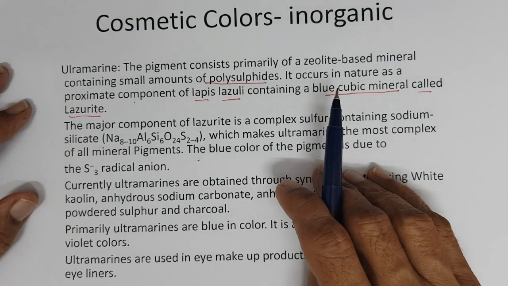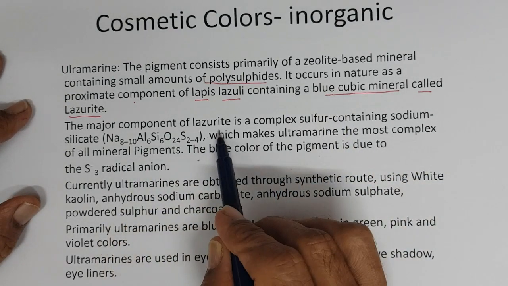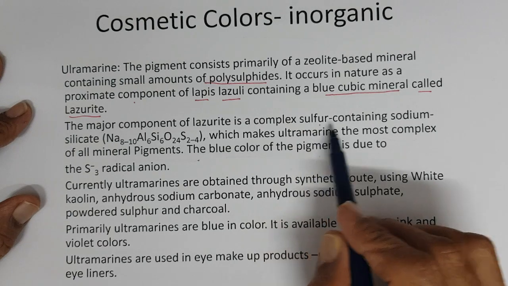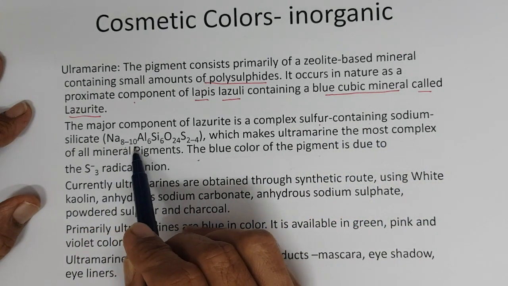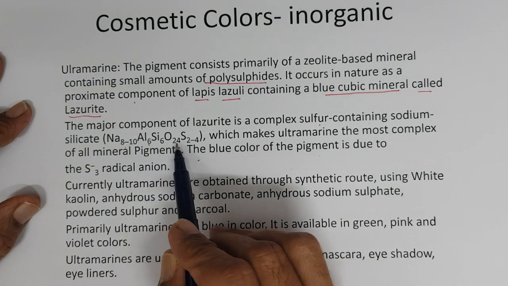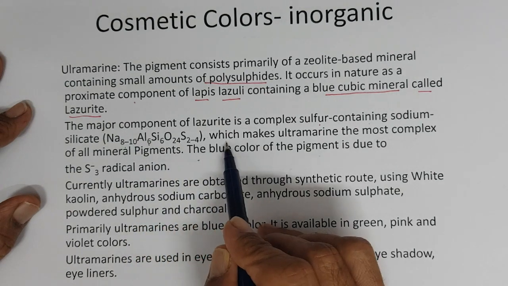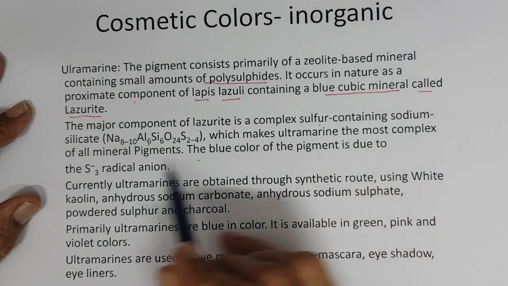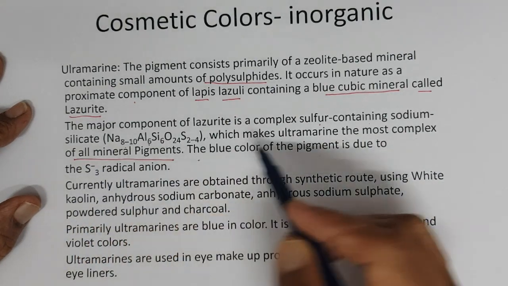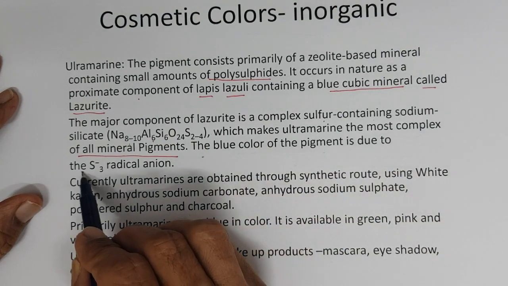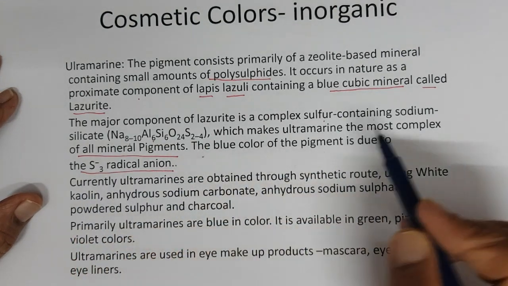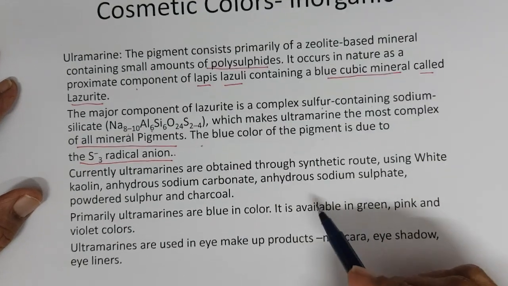Ultramarines are synthesized now. Okay. The major component of lazurite is a complex sulfur containing sodium silicate, Na 8 to 10 Al6 Si6 O24 S2 to 4, which makes ultramarine the most complex of all mineral pigments. The blue color of the pigment is due to the S3 radical ion, right, sulfur.